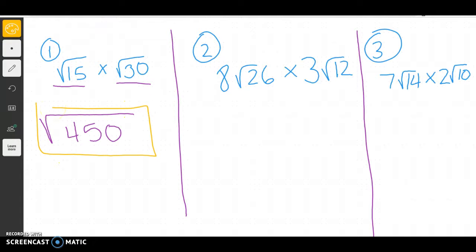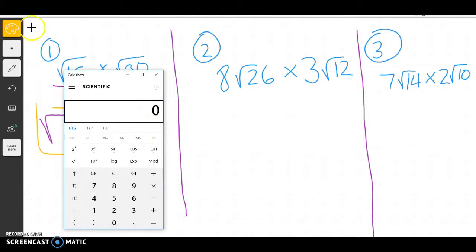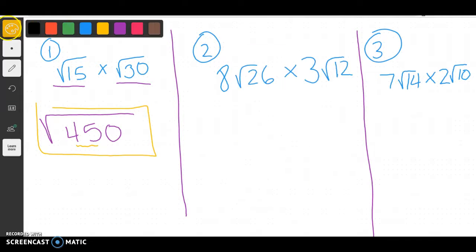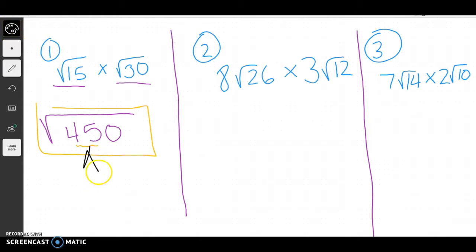So we've got to try to simplify this. Here's one thing I noticed, and you'll start to get better. I noticed that this first number is 45, and I know 45 is divisible by 9, and I know 9 is a really good square root to have. So I'm going to divide that by 9 real quick, and we get 50. So this thing would break into the square root of 9 and the square root of 50. So that would be 3 radical 50.